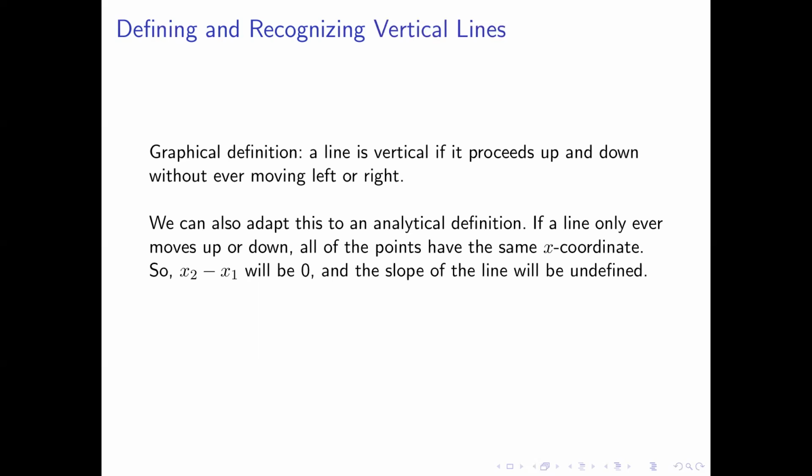This means, since we're now talking about 0 in the denominator of a fraction, that the slope of the line will be undefined. In other words, there will be no number we can assign as the slope of the line. So there's an analytical definition of a vertical line. A line is vertical if its slope is undefined.